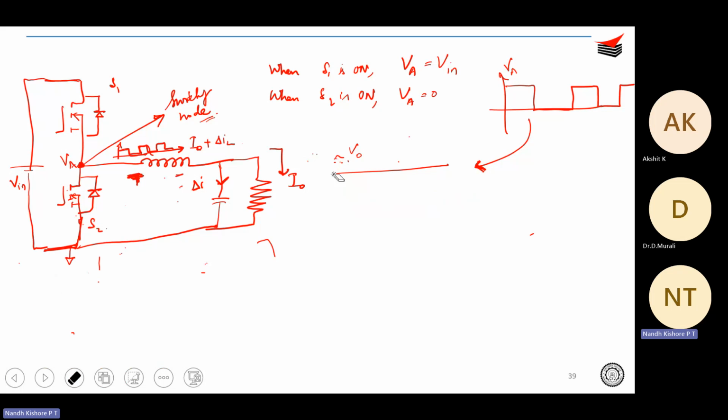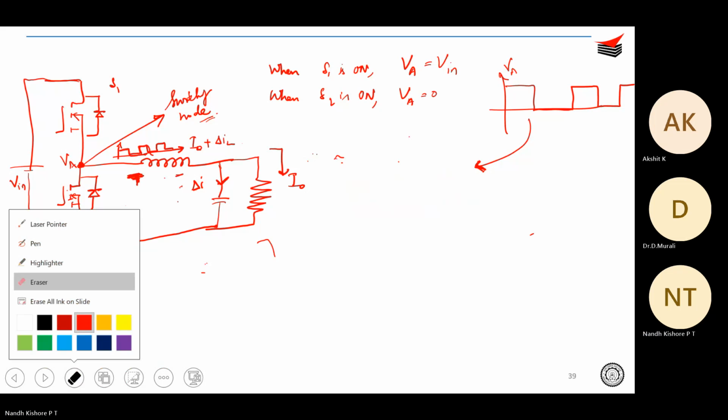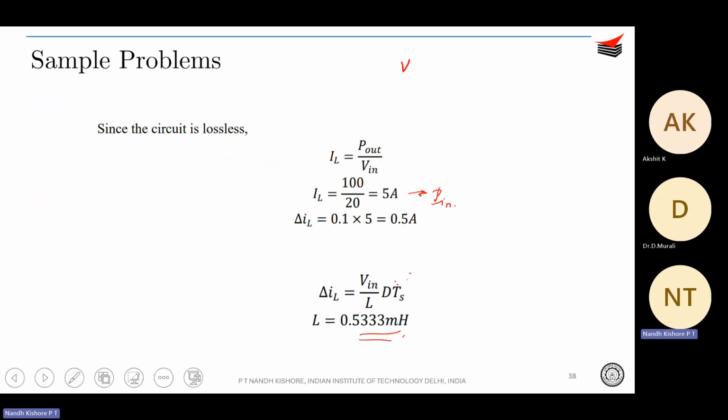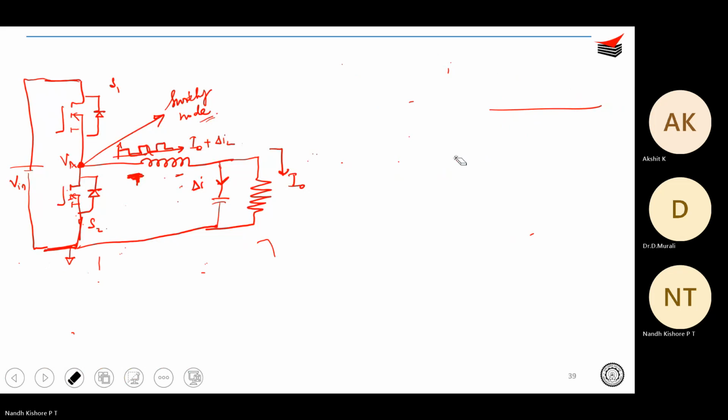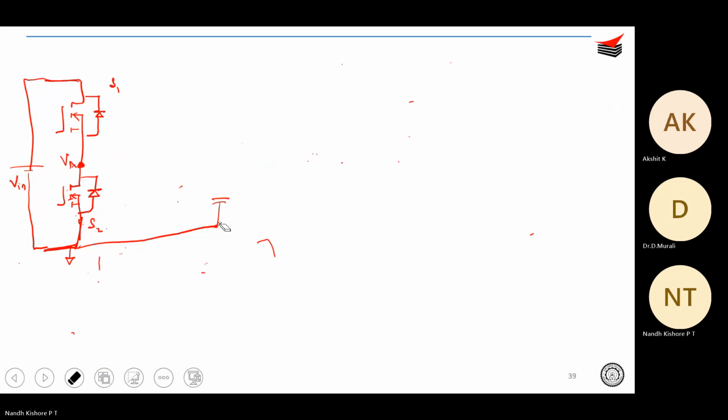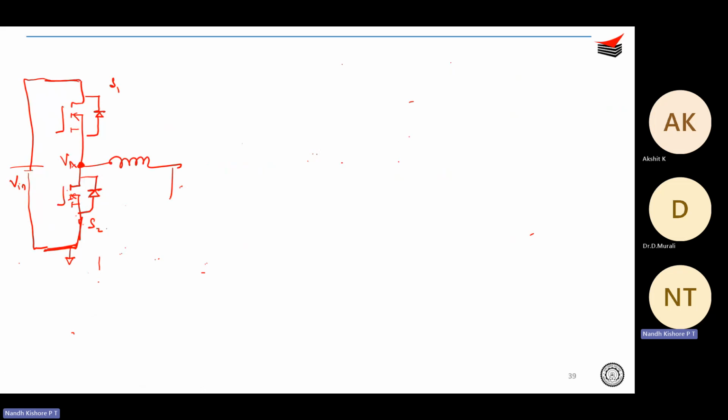So I will take the switching node, and from that you put something like this.